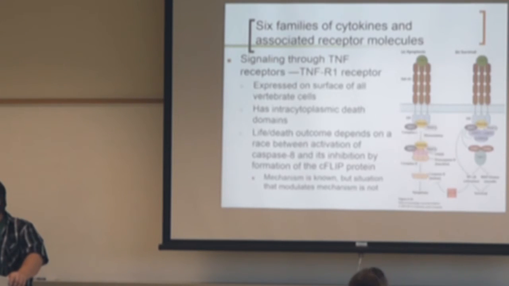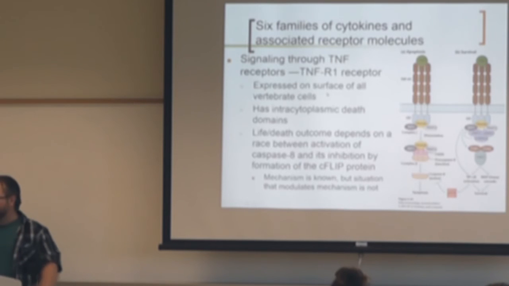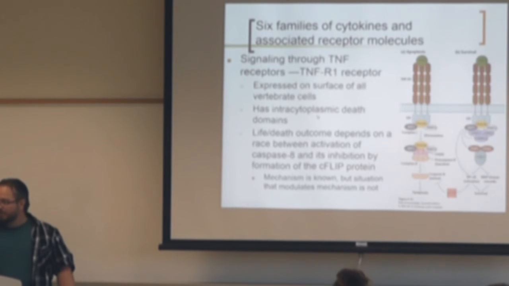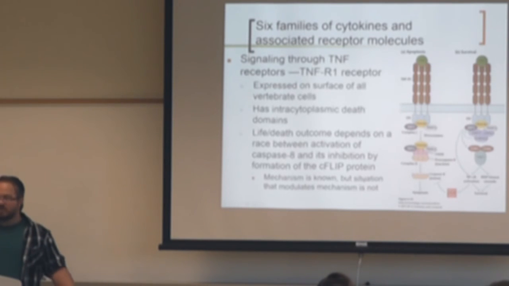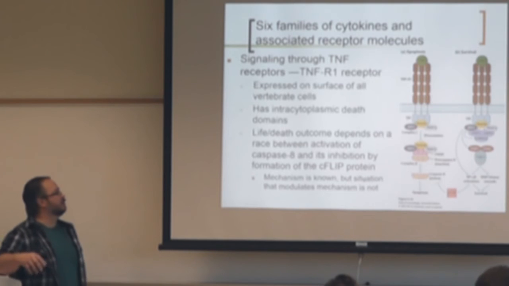Then we also have signaling through TNF receptors, and they are expressed on the surface of all vertebrate cells. The life or death outcome depends on this race between activation of caspase 8 and its inhibition by formation of another protein. So the mechanism's known, but the situation that would lead to one or the other isn't fully understood.